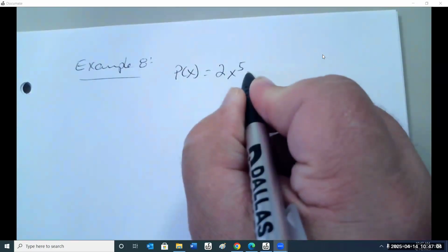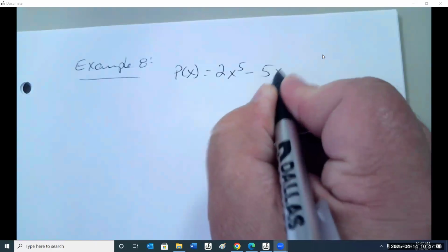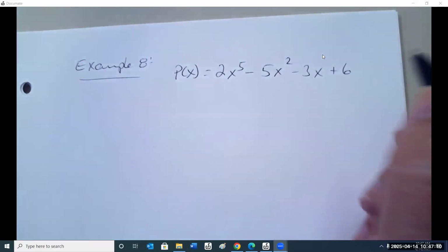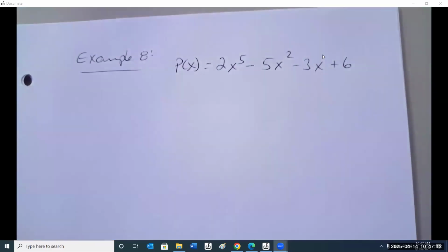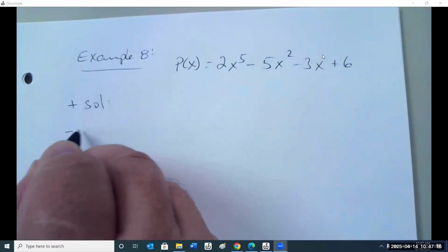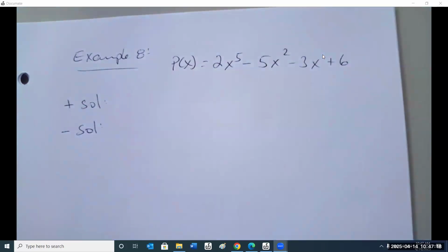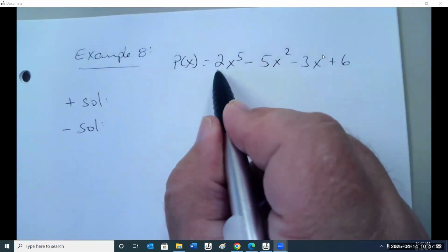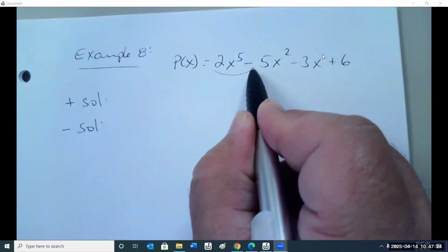2x to the 5th minus 5x squared minus 3x plus 6. So how many positive solutions and how many negative solutions am I going to have? So positives. Is that a sign change? Yes, that's 1.